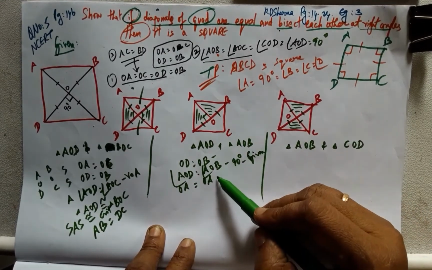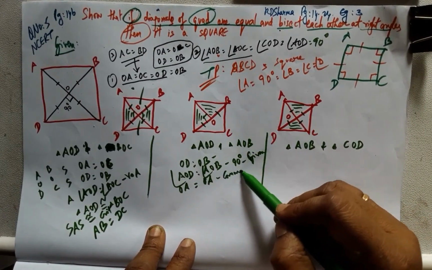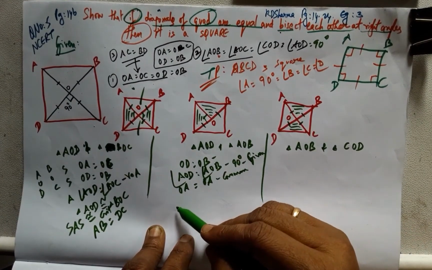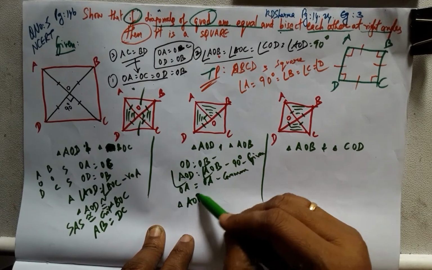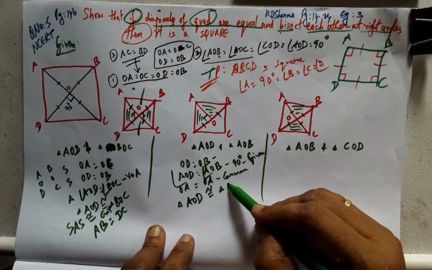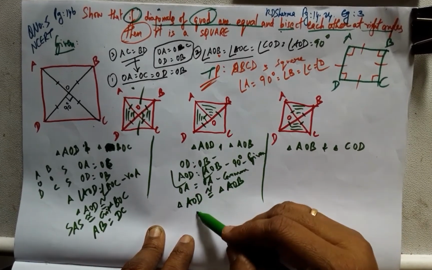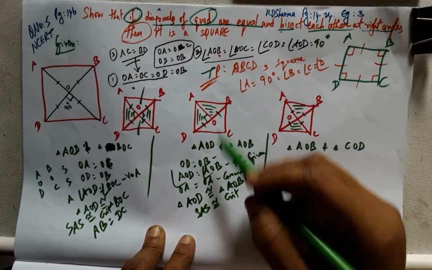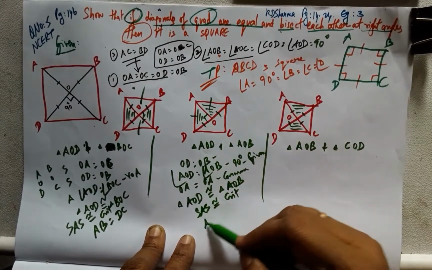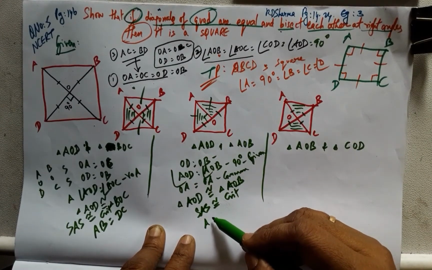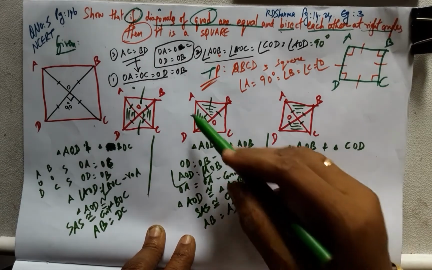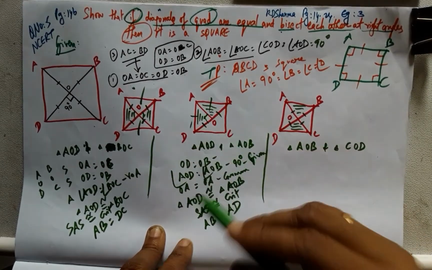This is given and this is common, and therefore triangle AOD congruent triangle AOB by SAS congruency criterion. Therefore we have AD equals AB. These two sides are equal by CPCT.